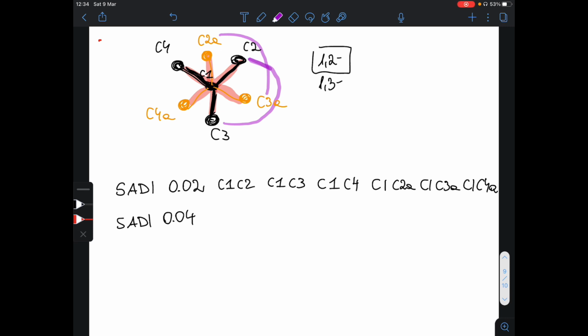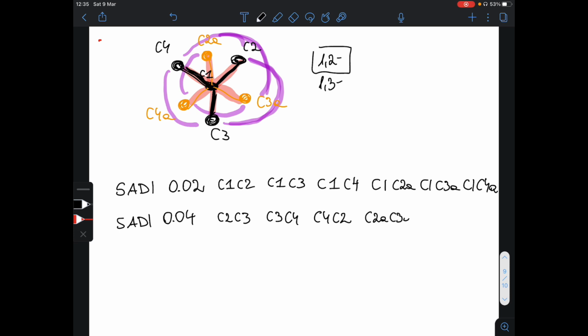So we basically want to make all these distances similar. Let's write it down. We want the distance C2, C3, similar to C3, C4, and similar to C4, C2. And now from the second part, C2A, C3A, similar to C3A, C4A, similar to C4A, C2A. Great! So now we have restraints on 1,2 and 1,3 distances.